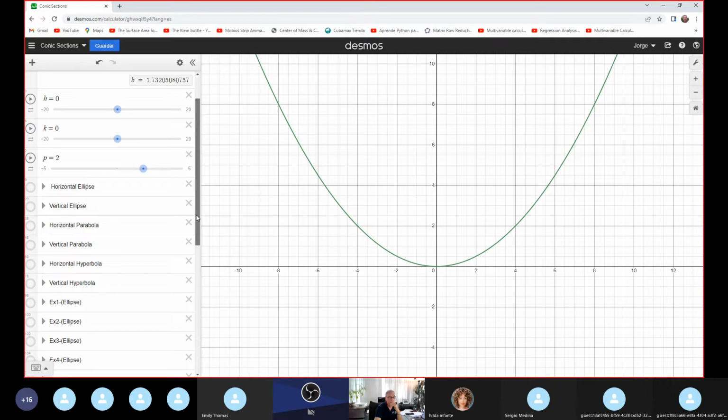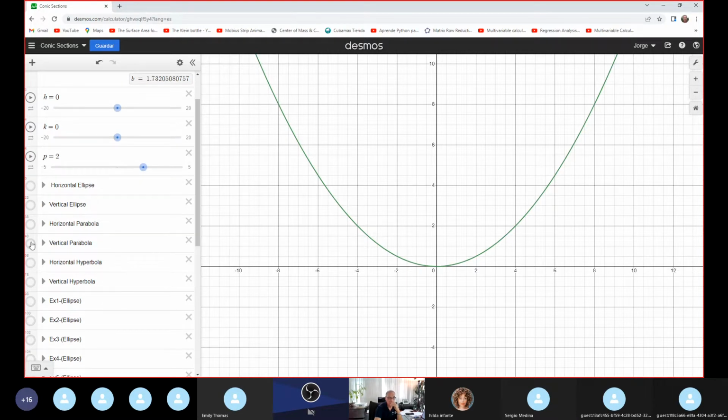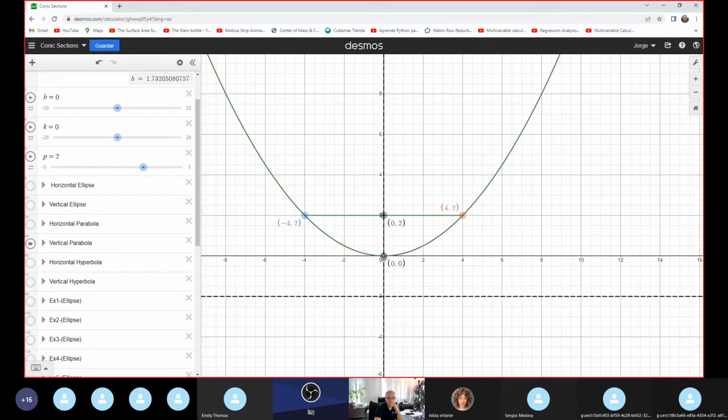So what kind of classification of the parabola? It's vertical, no? Vertical parabola. Look at the vertex, 0,0. Focus, 0,2. Endpoints of the focal diameter, 4,2 and negative 4,2. Directrix equation is this dotted line, y equals -2. Axis of symmetry line, x equals 0. Done. Any question?